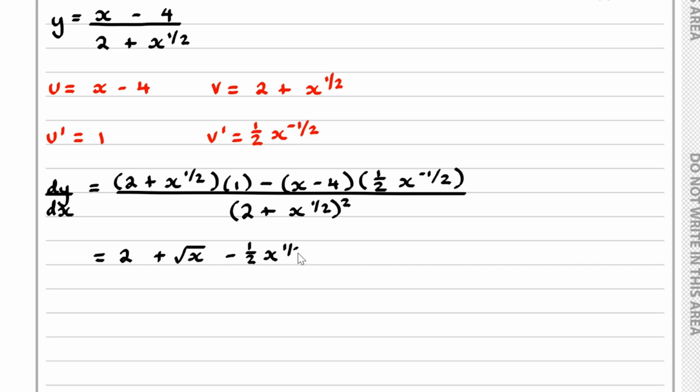Here we get x to the 1/2, and then we've got minus and a minus, which give a plus, so we will add on 4 x to the minus 1/2, and then we will divide this by (2 plus x to the 1/2) squared. So what we now need to do is tidy this up as much as possible.